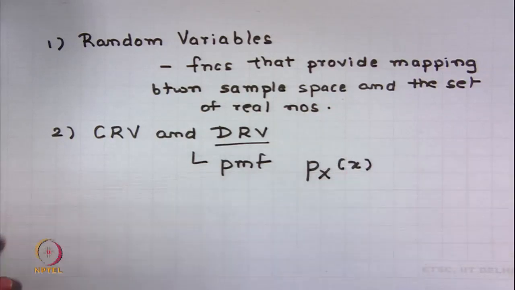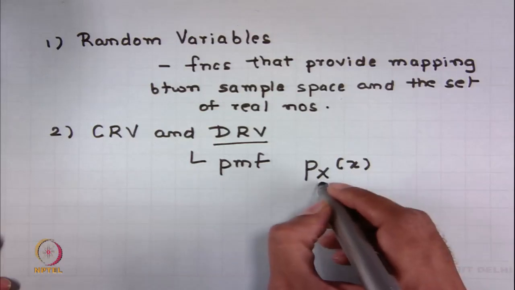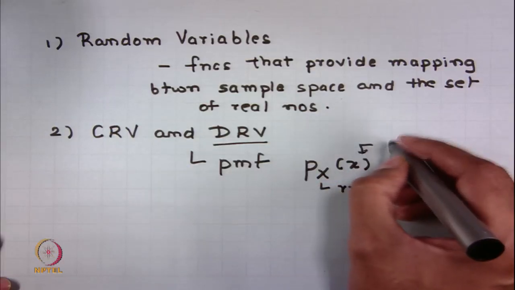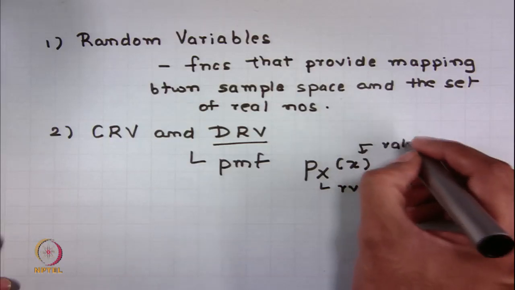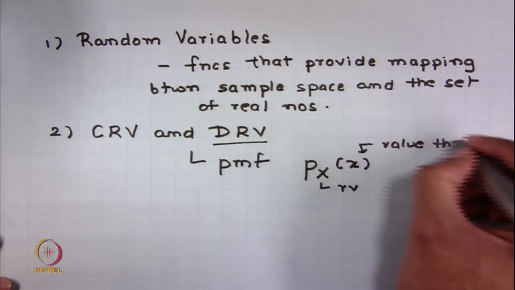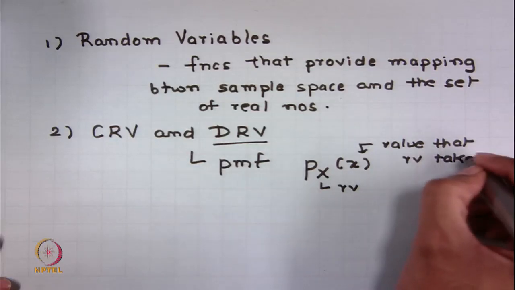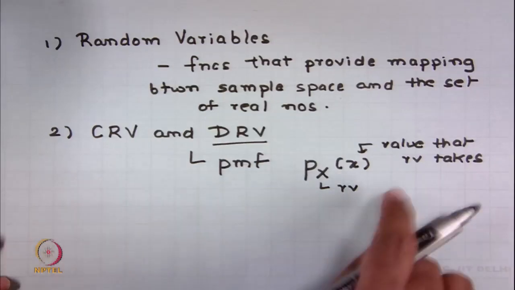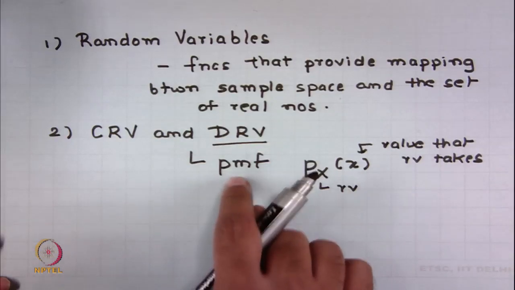We use this notation to represent probability mass function, where x, the capital X, is the random variable and the small x is the numerical value of that random variable. So, it is the value that random variable takes. All right. So, this is one big concept that we introduced yesterday, the concept of probability mass function.